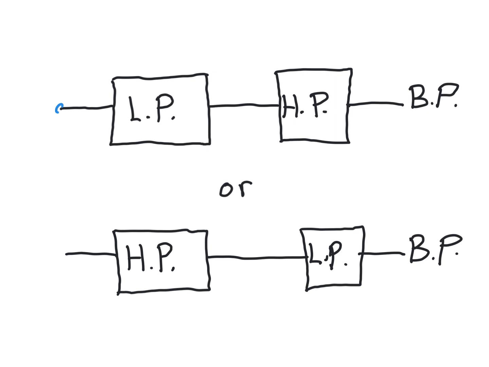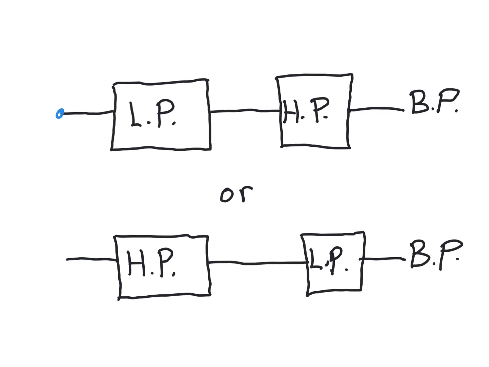So if you fed your input signal Vin through a low pass filter and then through a high pass filter, you get the band pass response. Or you feed it to the high pass first, then the low pass, and you get the band pass response.